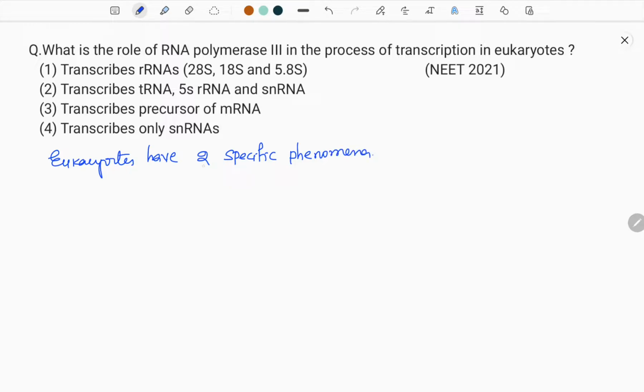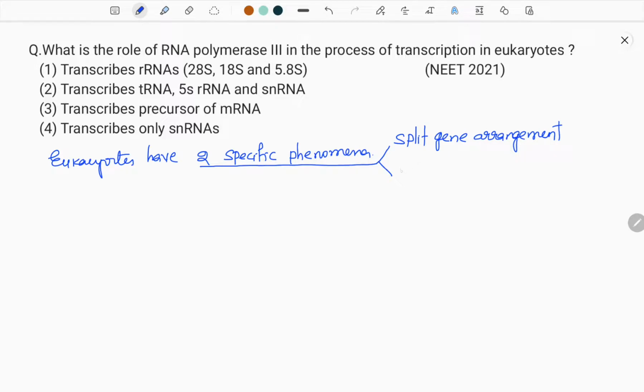Let us see what they are. One is split gene arrangement. I told you, split gene arrangement means having introns and exons, which are present only in eukaryotes but not in prokaryotes.